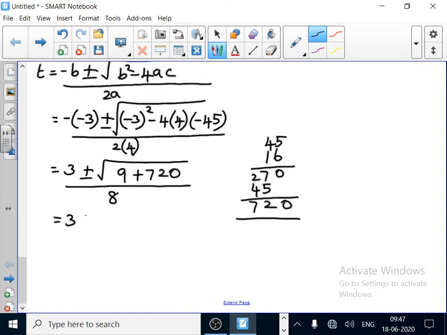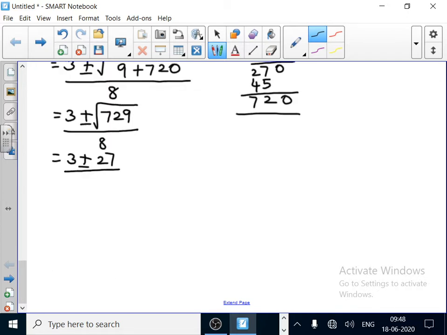That is 3 plus or minus square root of 720 plus 9, 729, divided by 8. That is equal to 3 plus or minus, for 729 the square root is 27, whole divided by 8.